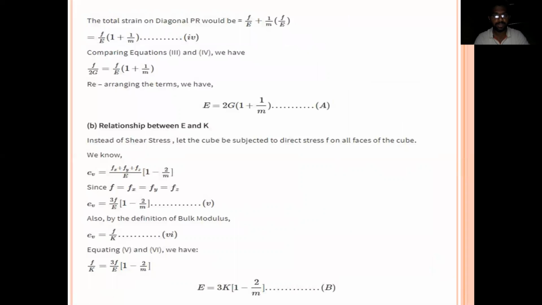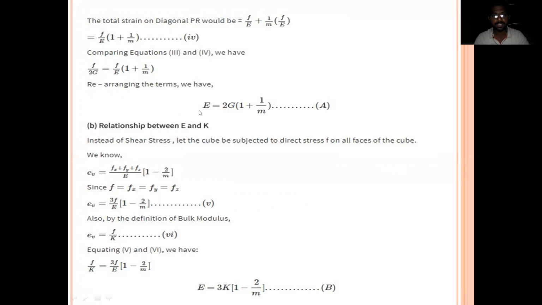The relationship between Young's modulus and the shear modulus is given by E is equal to 2G into 1 plus mu, or E is equal to 2G into 1 plus 1 by m, because this 1 by m you can call Poisson's ratio, or you can substitute this 1 by m by mu.